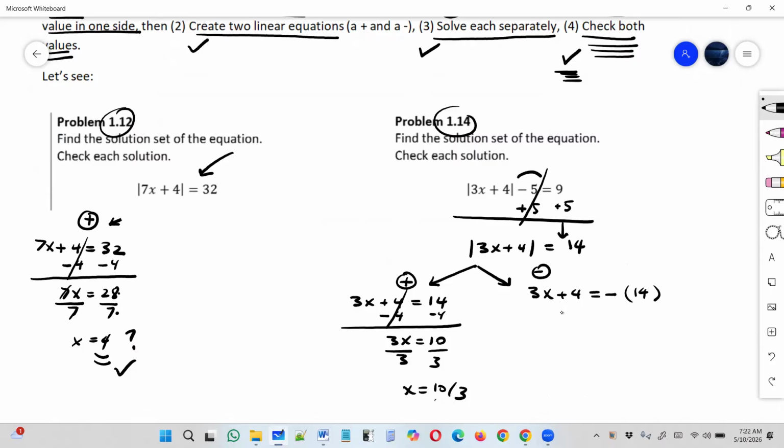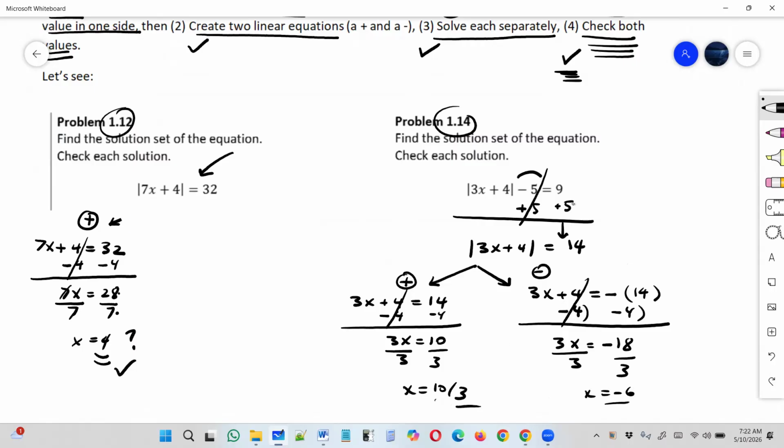We solve it the same way we did before. Get rid of the 4, right? Negative 4 on the left, negative 4 on the right. You cancel. This is negative 18. Divide both sides by 3. And we get negative 6.